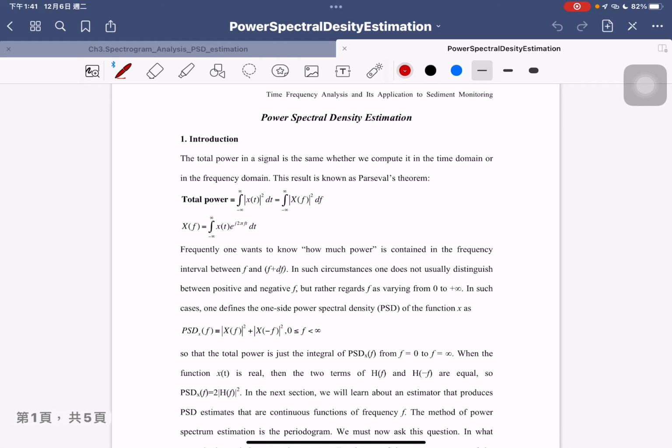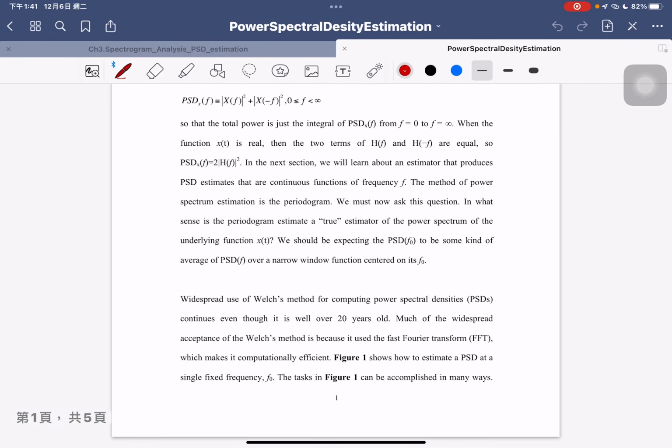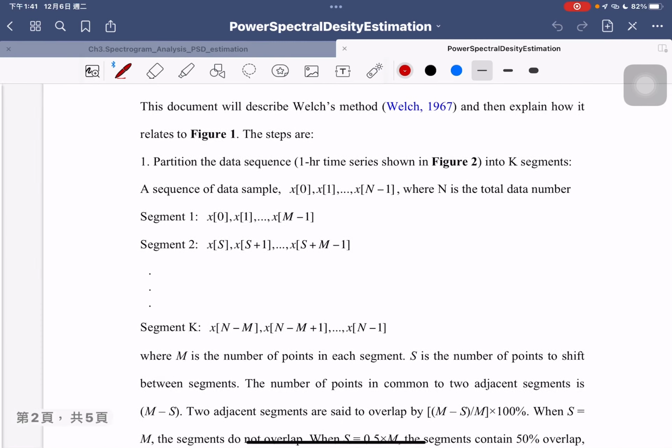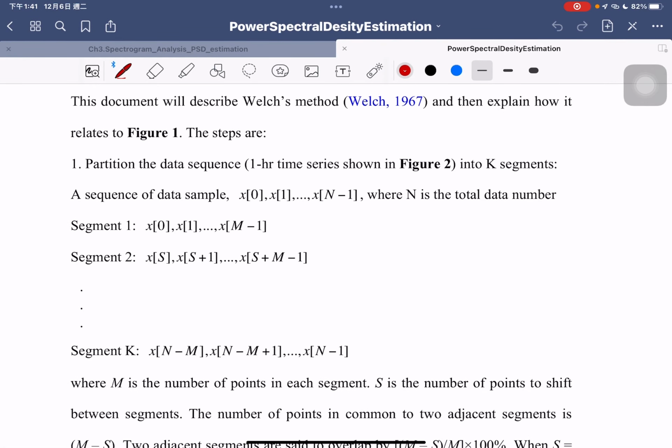So we can directly skip the sentence shown on the first page, and I only provide you some knowledge, and so we follow the equations as I show on the second page.